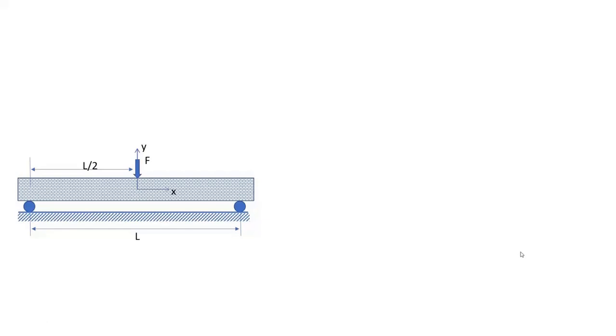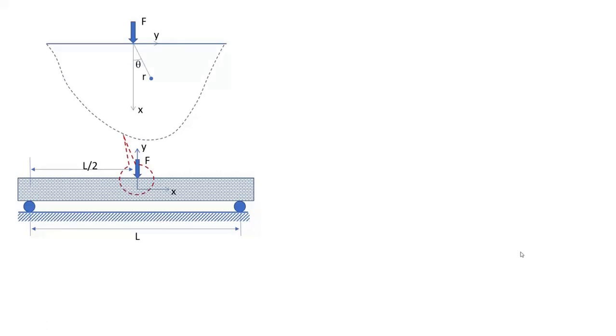Let us now try to get some more insight into the sigma yy stress component due to this force acting here. To do that, I would look very closely at the region of the beam around the point of application of this load F as shown here.